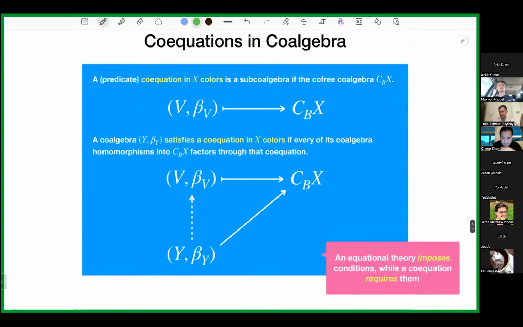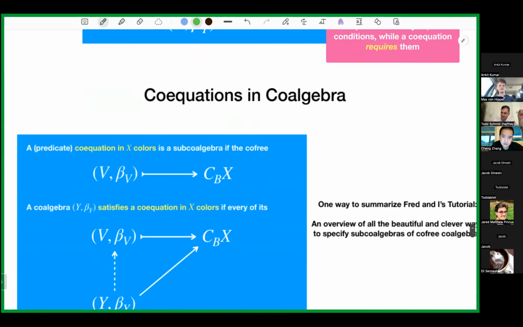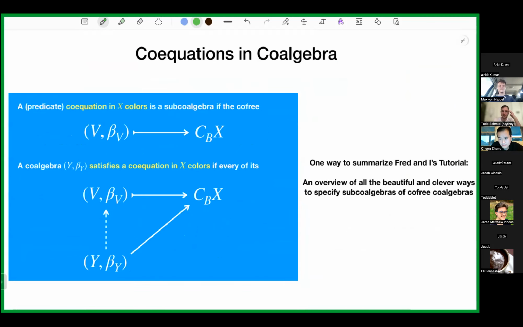Okay. So one way you could summarize Fred and I's tutorial on coequations is that it's an overview of all the really nice and smart ways to specify subcoalgebras of a cofree coalgebra.